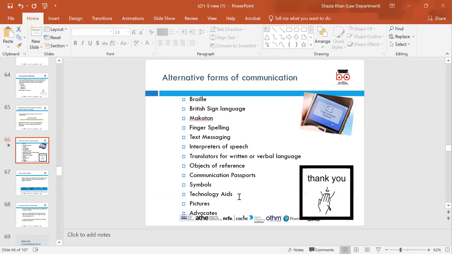So it might be someone who's trying to represent their thoughts and feelings through pictures and ideas. They may want to put their ideas across. For example, a picture of a heart represents any sort of love and compassion.